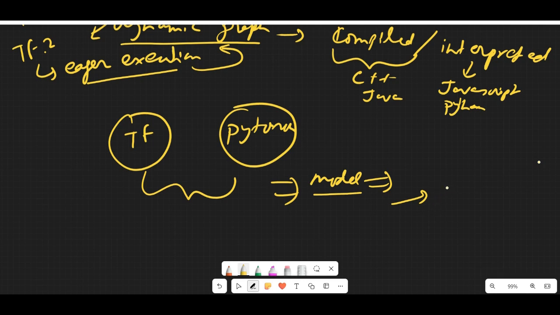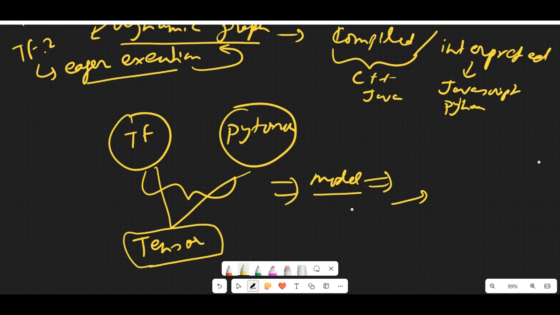So both are used, and you can pick one, and then the other will be very easy to pick up, because both have the same concept of tensors, which is the unit for computation.